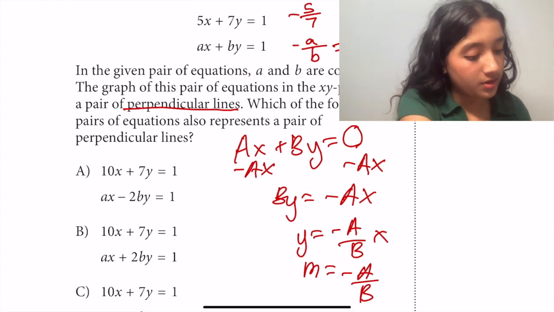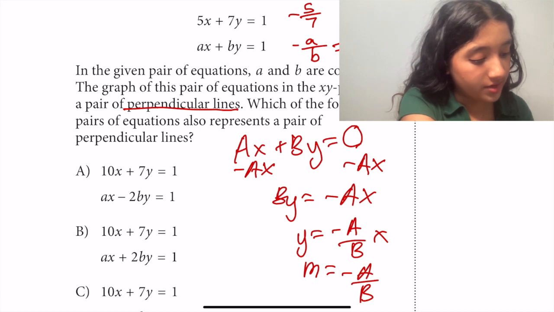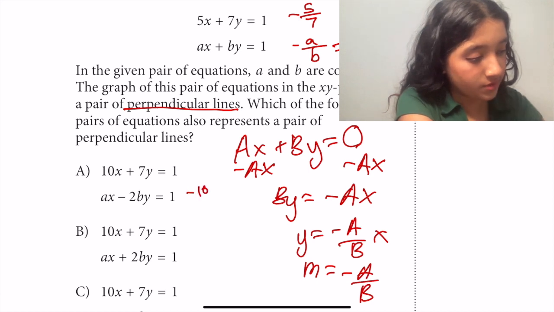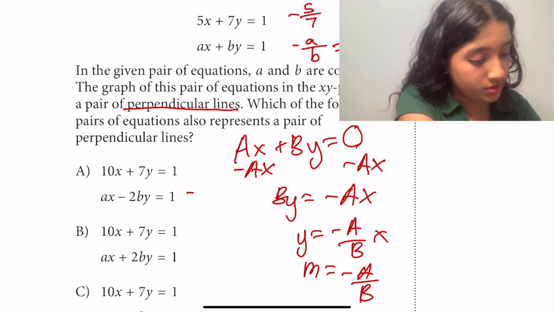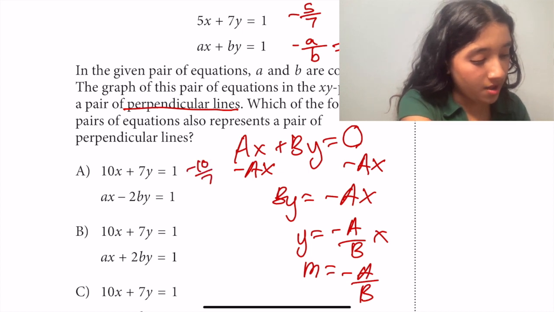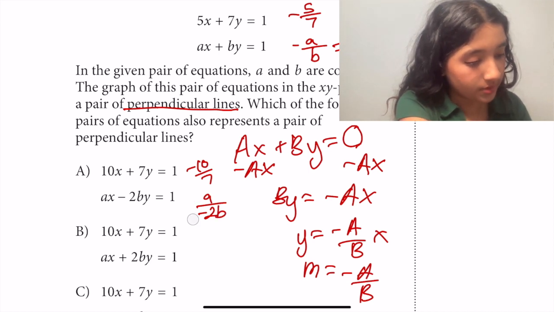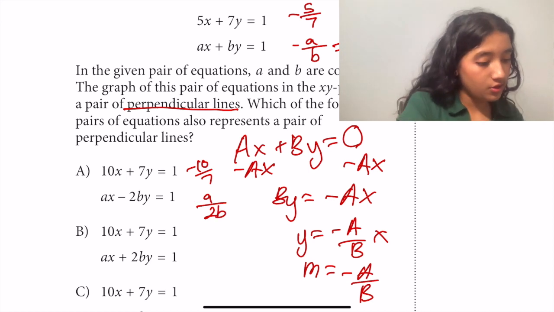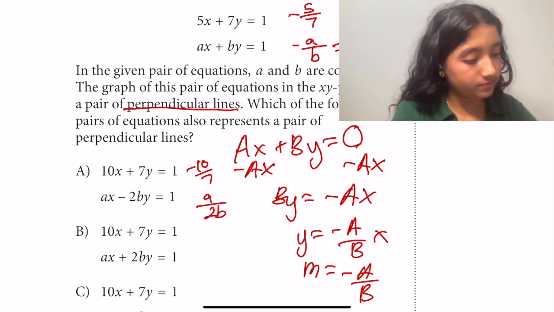So we want to check all of our answer choices to see something that is the same as this equation here. In this case, we have negative 10/7 from our first equation, and we have negative a divided by negative 2b, and that means the negatives cancel out. We can already see that from our starting forms, we had -5/7 and negative a over b.